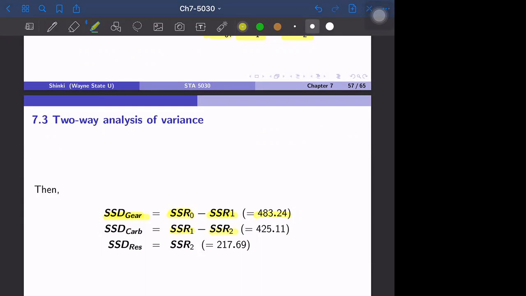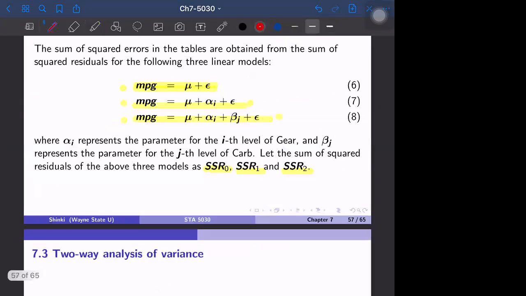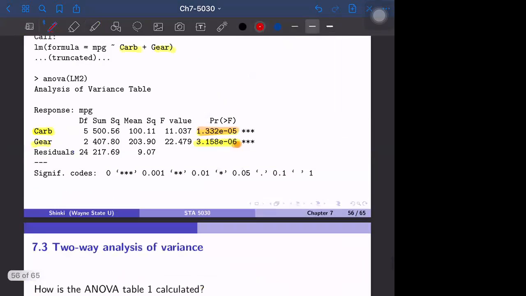Model 2 is larger, so the sum of squared residuals is smaller, so this again becomes positive. And finally, the residual: this is the sum of squared deviation for residuals, SSR2, 217.689. So these are the sums of squares in the ANOVA table here.